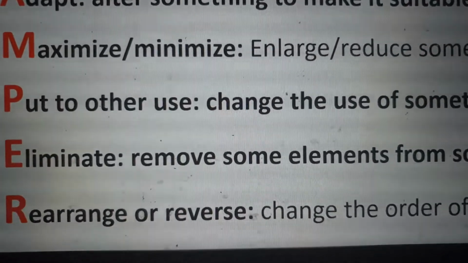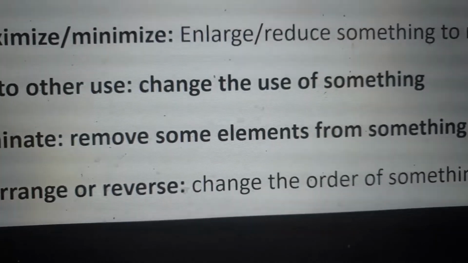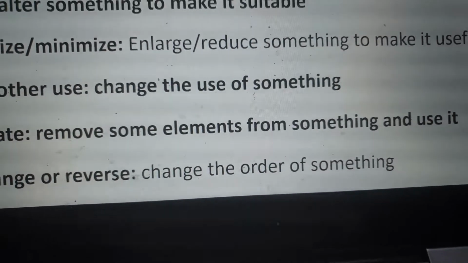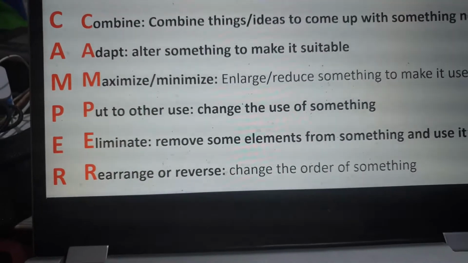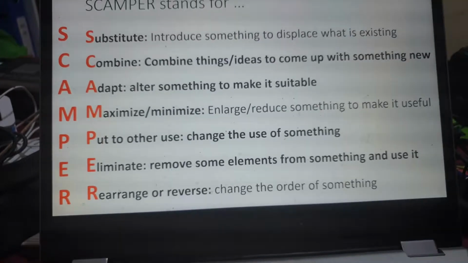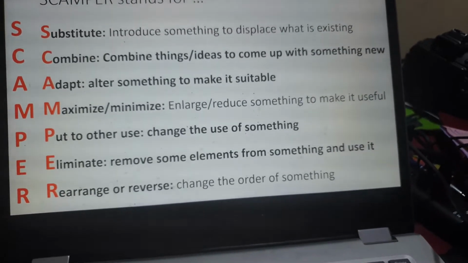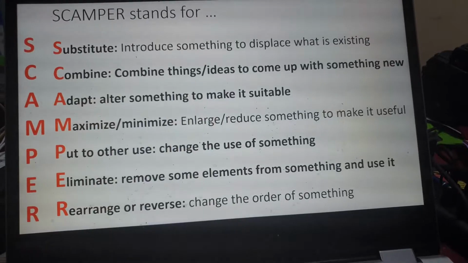R is rearrange or reverse. Change the order of something. And here we are now. We have done our Scamper. Now let's go letter by letter.